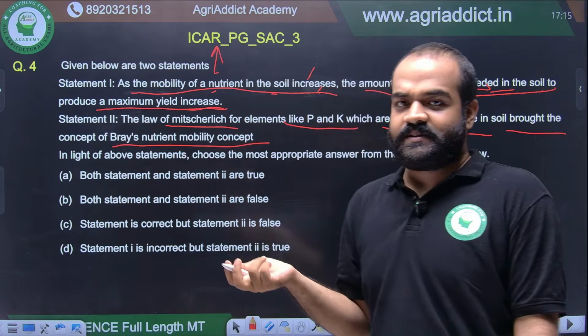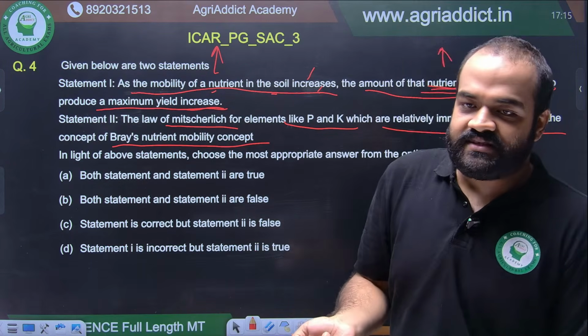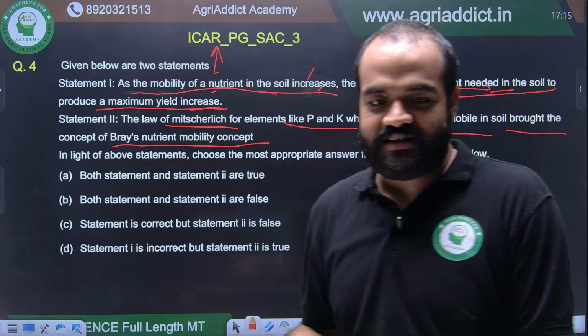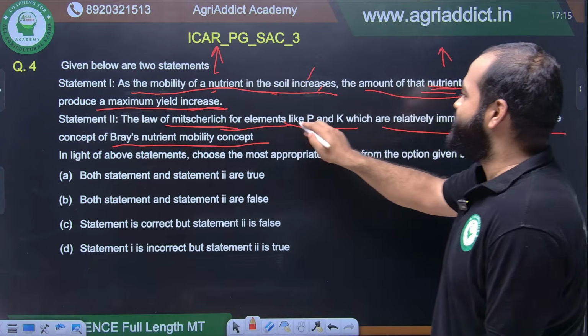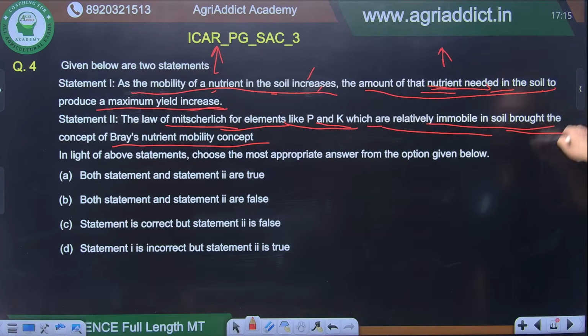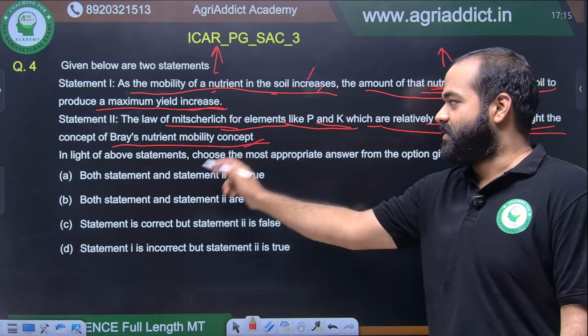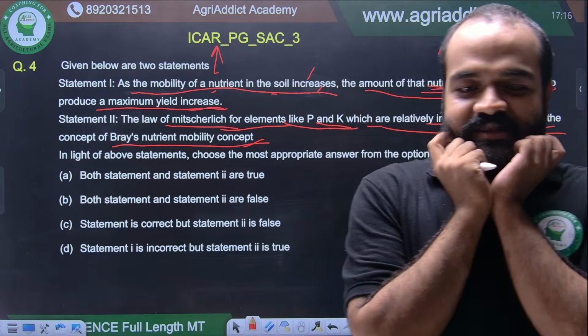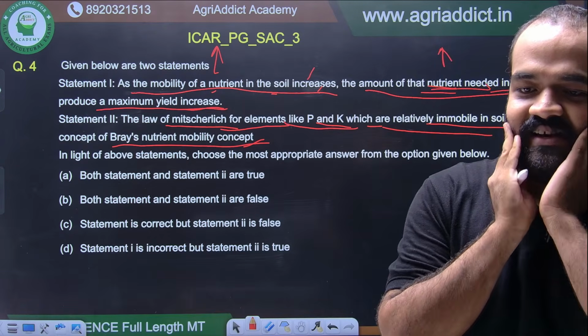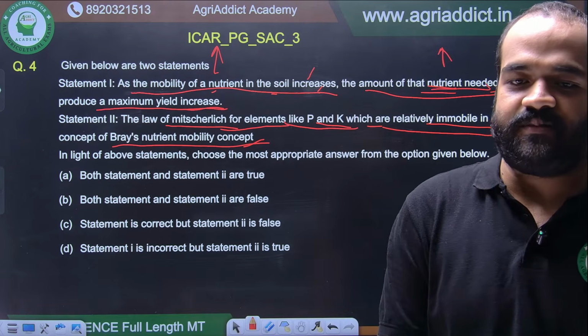Is it correct? No one is writing the answer till now. What happened? Write the answer. And Mitscherlich's law for elements like P and K, which are relatively immobile in soil, brought the concept of Bray's nutrient mobility concept. Is it correct? What about the 2 statements? Why is no one writing the answer? What is the problem?